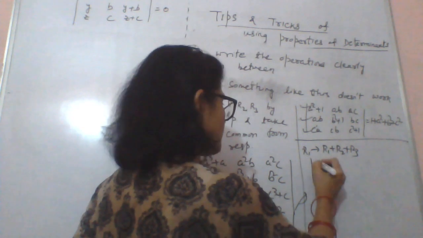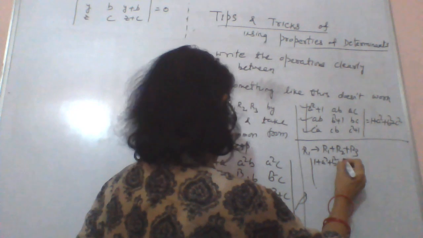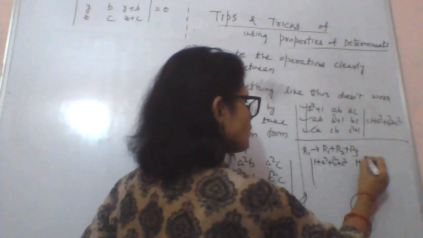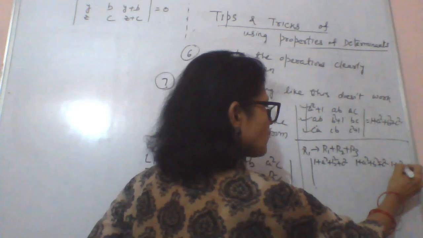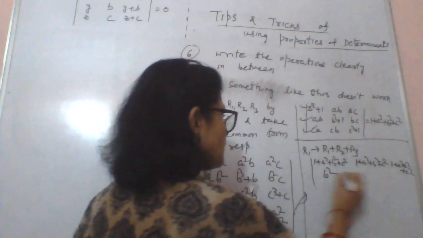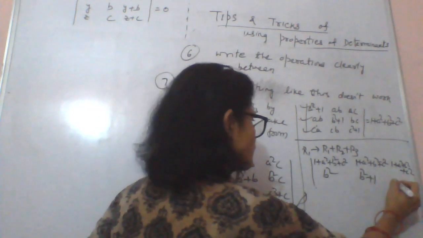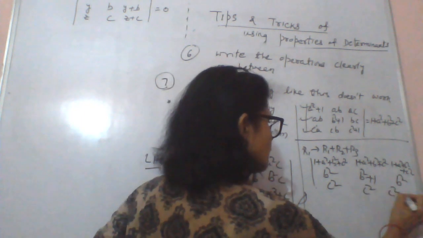It means you are getting 1 plus a square plus b square plus c square in all three places of the first row. Then you have b square plus 1, b square, c square plus 1.